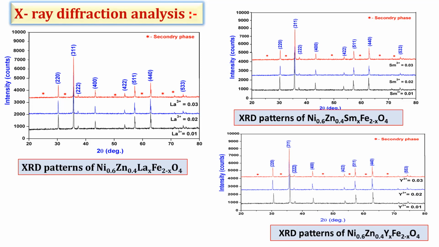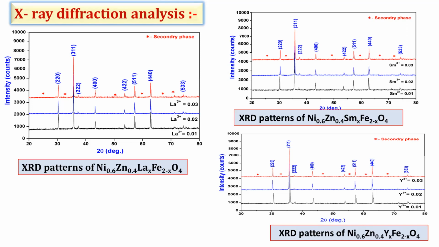From these diffraction patterns, it also indicates that by substituting lanthanum as well as samarium in place of iron, the intensity of the diffraction pattern decreases.